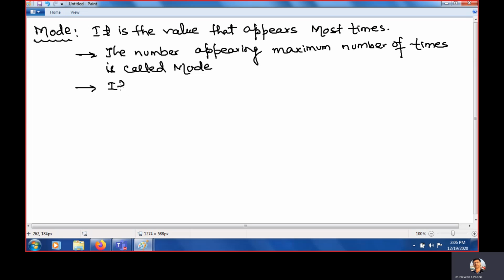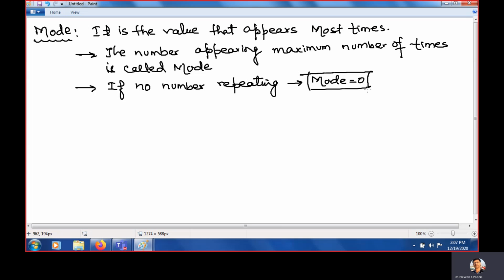If no number is repeating, then mode is equal to 0. Please remember, if no number is repeating, mode is 0. And if a number is repeating, then you need to search which number is repeating.